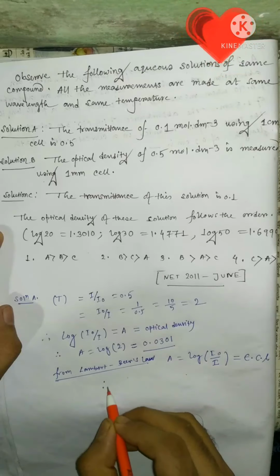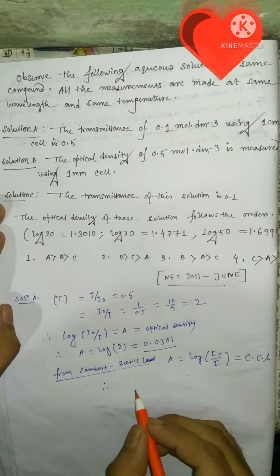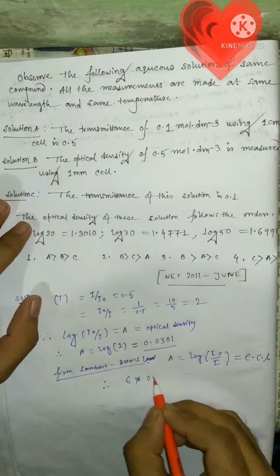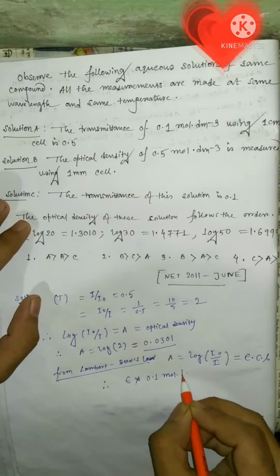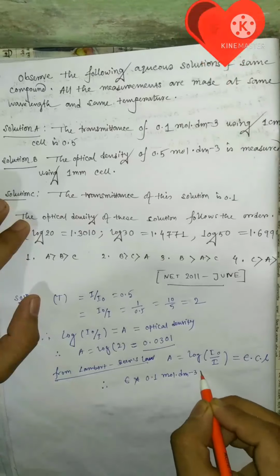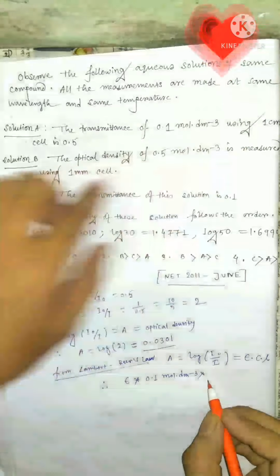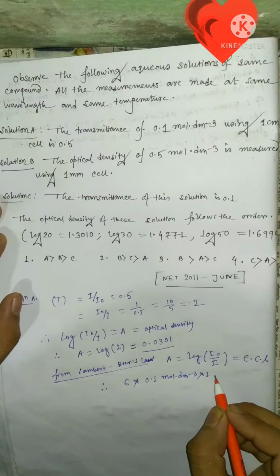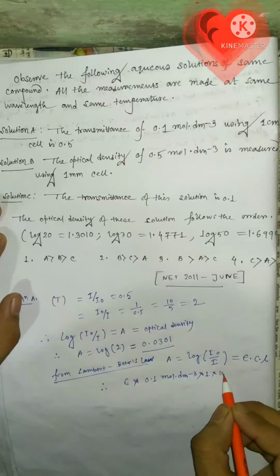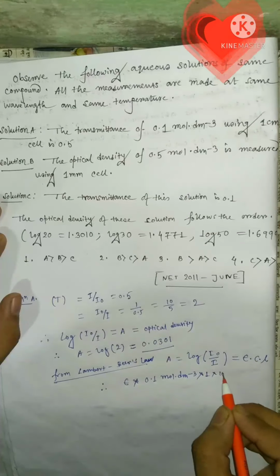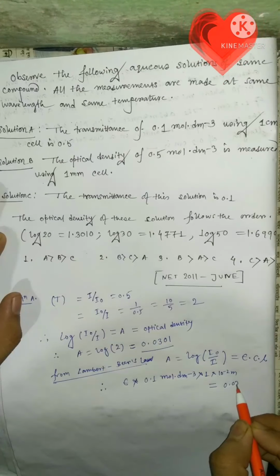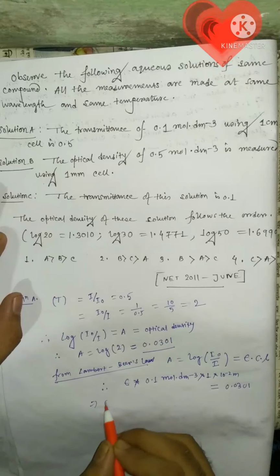So epsilon times concentration 0.1 mole per decimeter cube, into cell length 1 centimeter, which we convert to meter, so 10 to the power minus 2 meter, equals the optical density 0.0301.